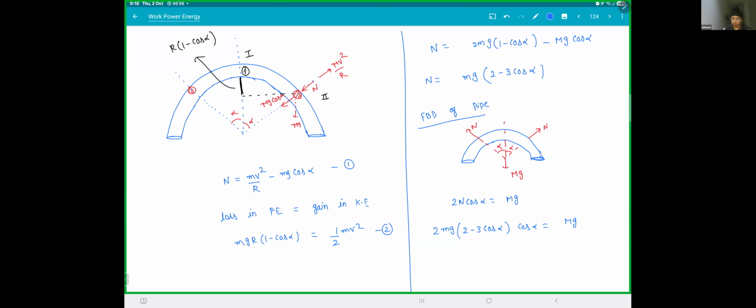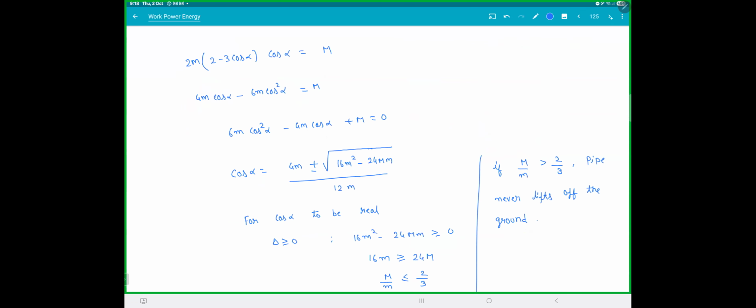Done, sir. Any other doubts in this page? Check out this page. And this is just solving anyways.